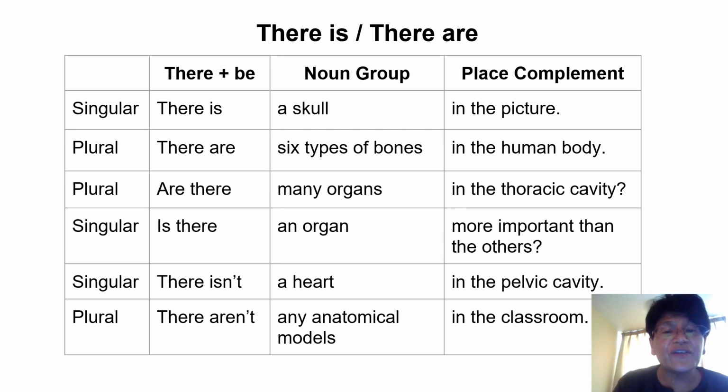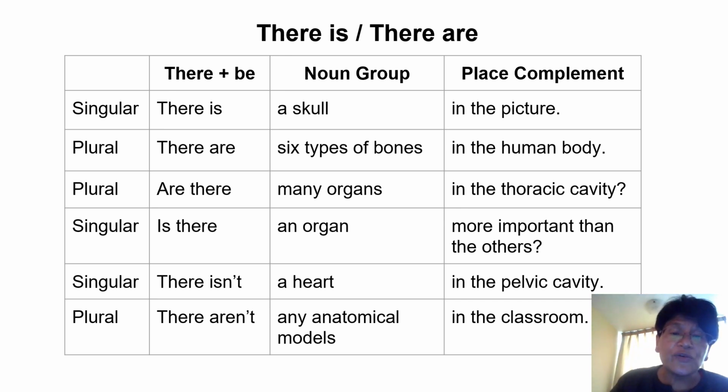Please don't forget to use the finite forms of verb to be, depending on the tense, is, are in simple present, or was, were in simple past, etc. It is also important to include a subject which may be singular or plural and a place complement in the sentence. Look at the following chart.